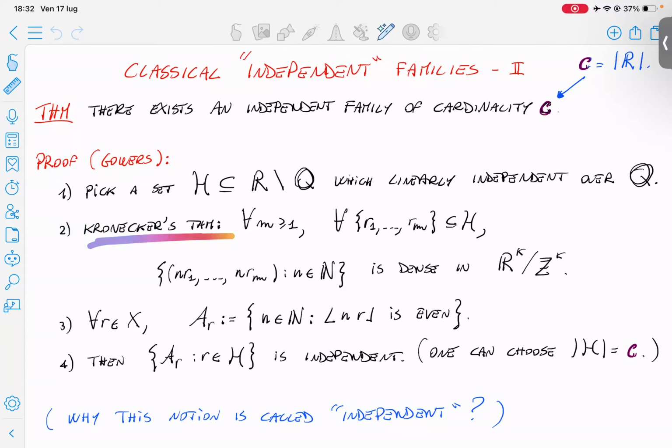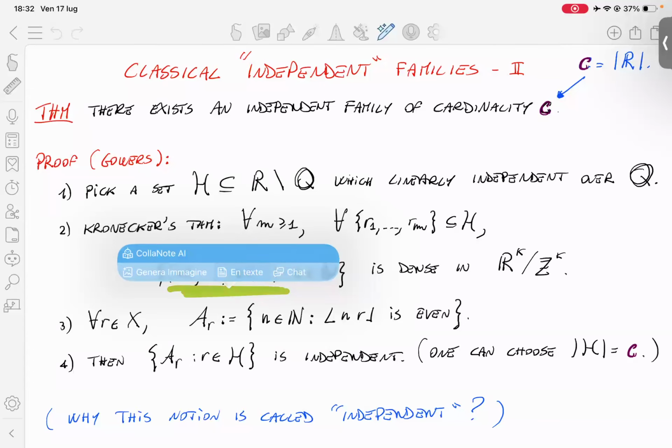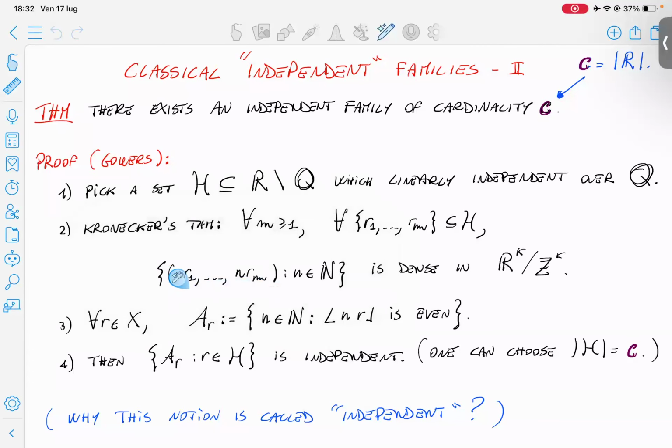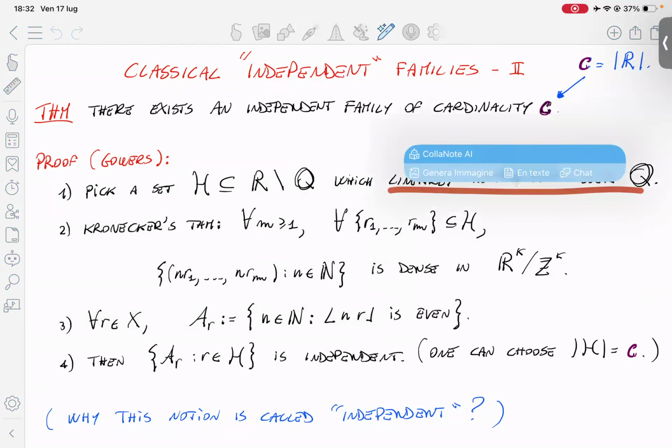And we know by the Kronecker theorem that whenever we pick a finite subfamily of calligraphic H, then the multiples of R1, R2 up to Rn are dense in the k-dimensional torus. That's the classical Kronecker theorem. It just requires linear independence over the rationals.